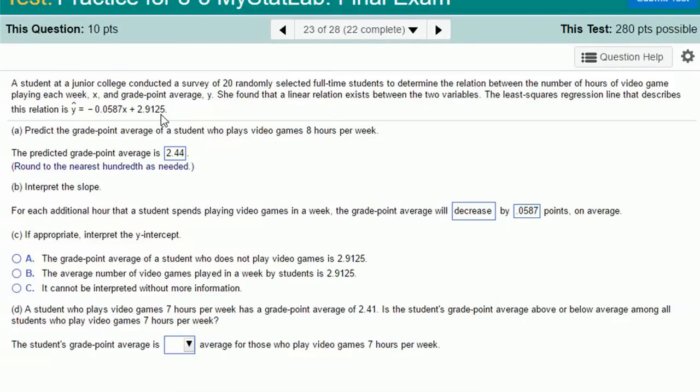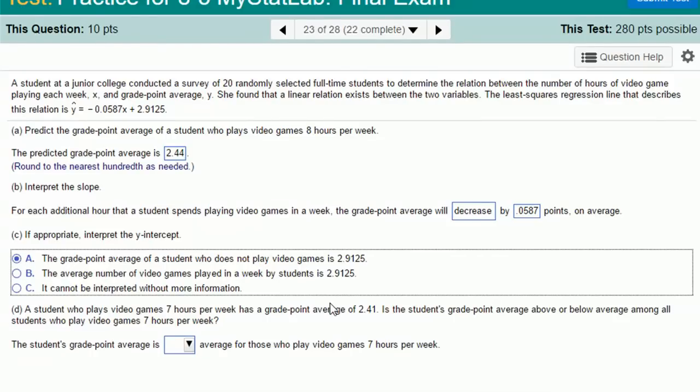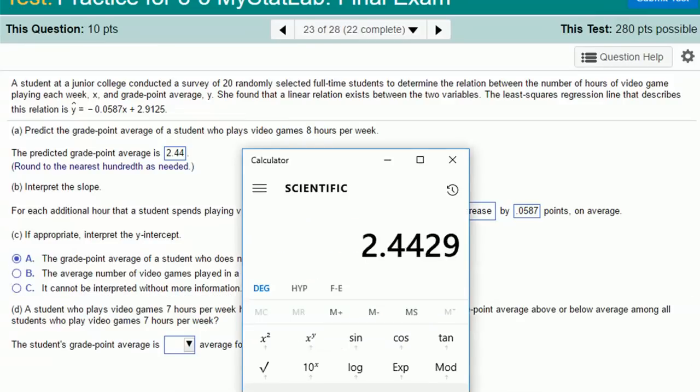The y-intercept is the GPA for somebody who plays no video games, right? So that's the average grade point average of a student who does not play any video games. A student who plays video games 7 hours per week has a grade point average of 2.41. Is the student's grade point average above or below average among all students who play video games? Well, let's see. What would we predict from this model?